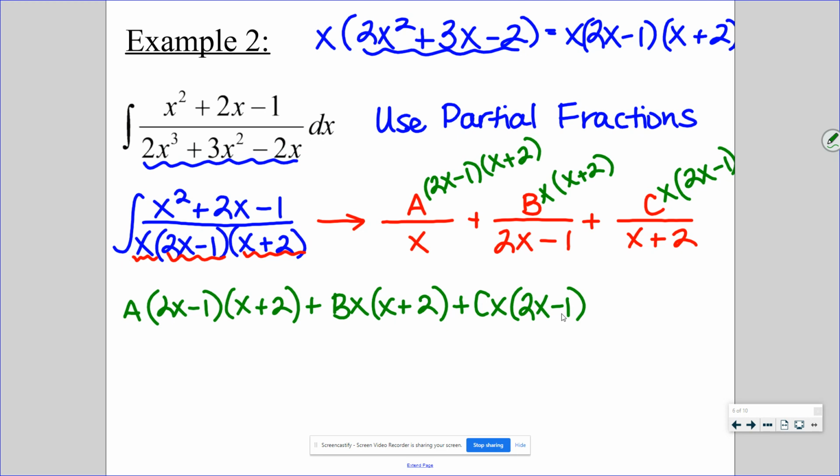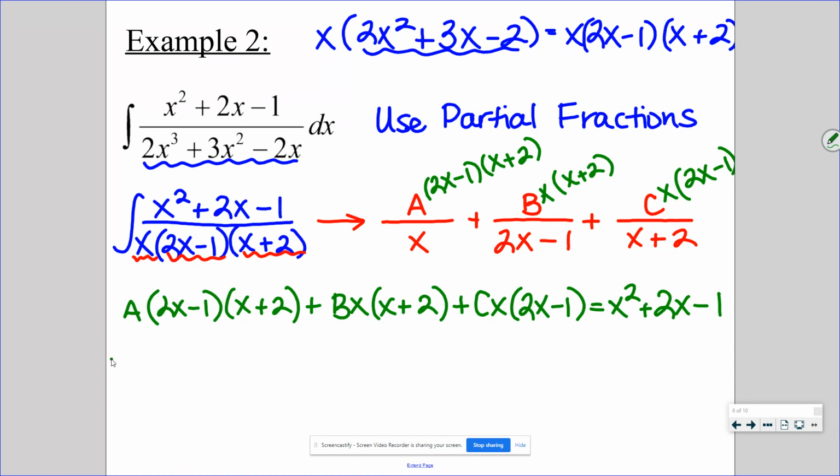Now, all of this common denominator work should end up equaling x squared plus 2x minus 1, because that's the numerator over here, and that's what we want to happen in the end. Okay, this is about to get very messy, because what you're going to do now is multiply all this stuff out with these A's, B's, and C's.